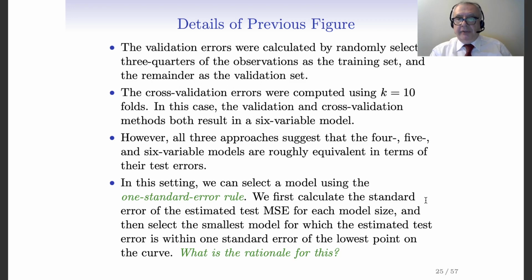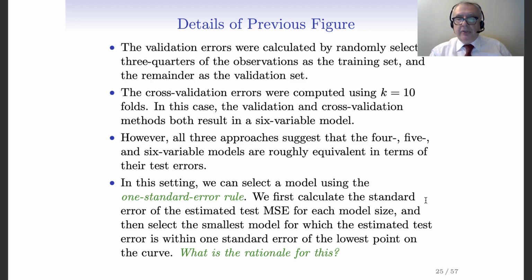If you are using validation or cross-validation, and especially this is good for k-fold cross-validation, you calculate the standard error of the estimated mean square error on the test data, and you make this calculation for each model size.